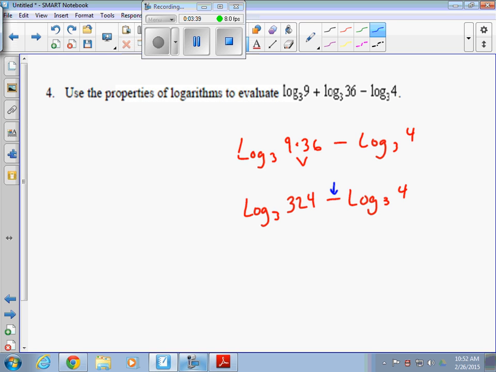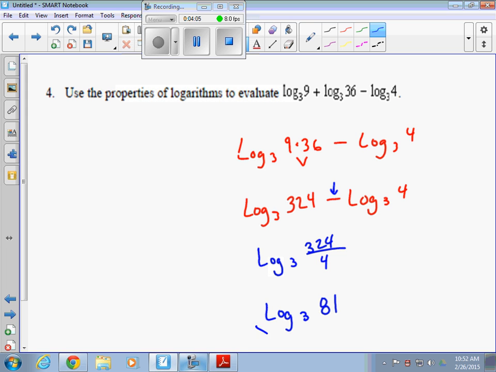Again, it's still log base 3, so we can combine them and make it log base 3 of 324 divided by 4, because subtraction goes with division. So when 4 goes into 32, it goes into it 8 times, and it goes into 4 1 time. So you wind up with log base 3 of 81.